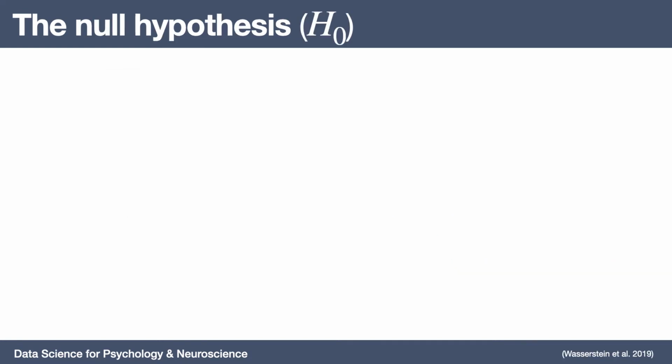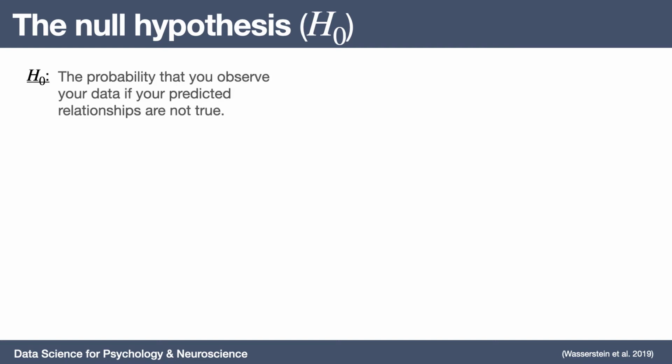In order to understand what a null hypothesis test statistic is, you have to know what the null hypothesis is. This is something that we have discussed in prior lectures, but we're going to go into detail here on it. Remember that the null hypothesis is the probability that you would observe your data if your predicted relationships are not true. This is sometimes chance, but not always.